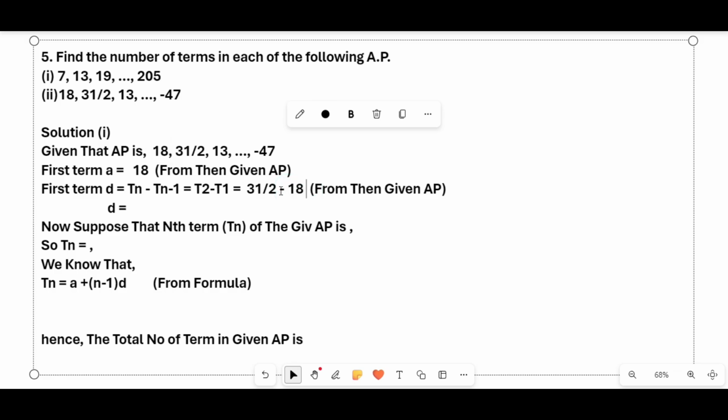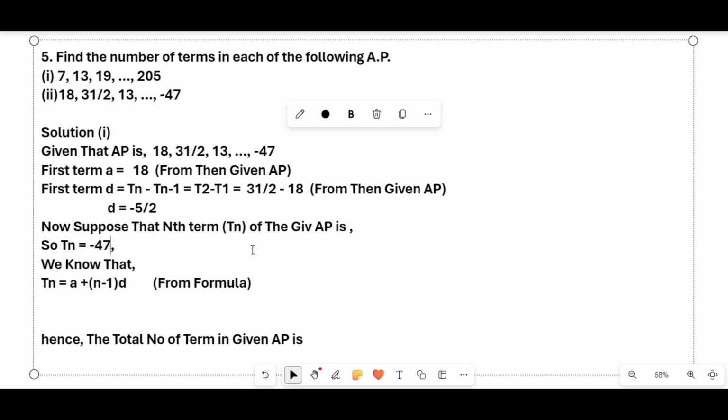Okay, so when we calculate this one, it will be minus 5 by 2, because when you multiply 18 by 2 it is 36, minus 36 plus 31 is equal to minus 5 by 2. Okay, now suppose the nth term of the given AP is minus 47.